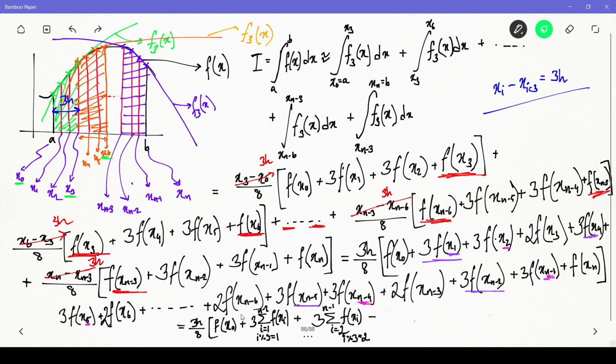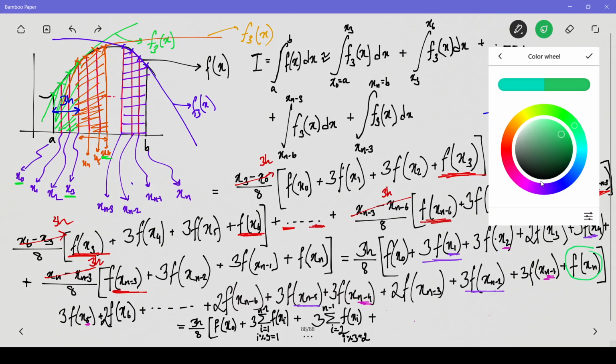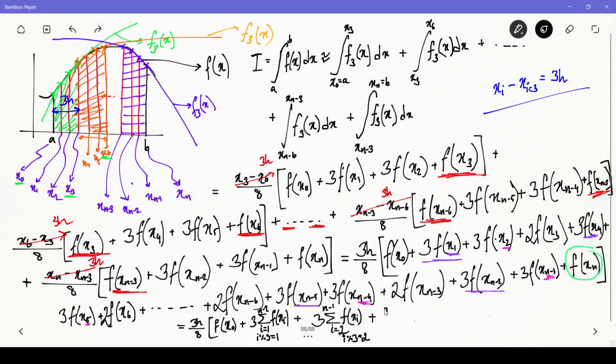And the second of these three multiplied terms, this one, this one, this one, and this one, is represented using this term over here. Now what do we have remaining? We have only this isolated last term remaining, f of xn. We simply place it into our formula, and then we are good to go. So we have f of x sub n.